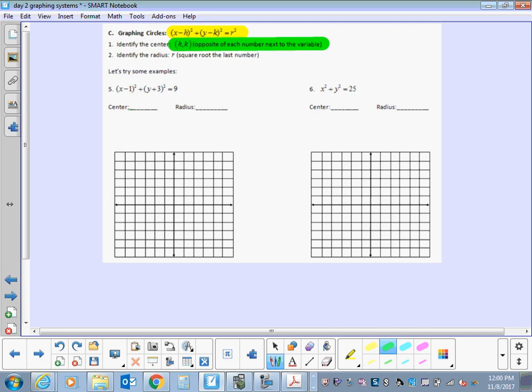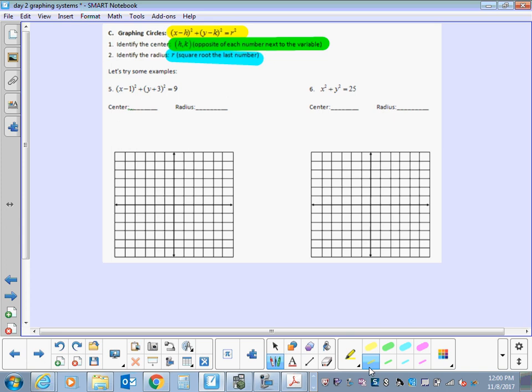In our vertex form, we always choose opposite h, same k. For circles, you take the opposite of both. And then you identify the radius, which is the square root of the last number. So the example, if you understand what's going on.